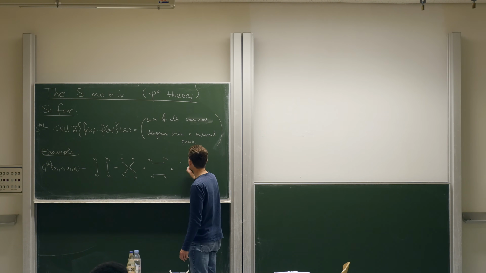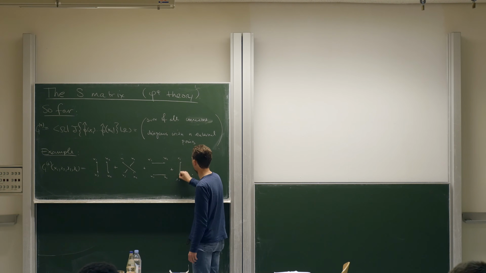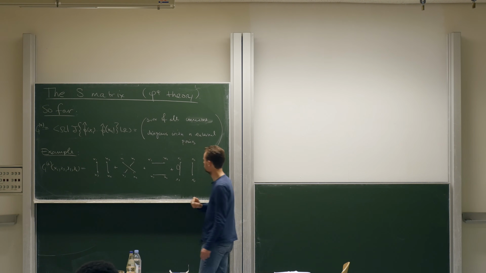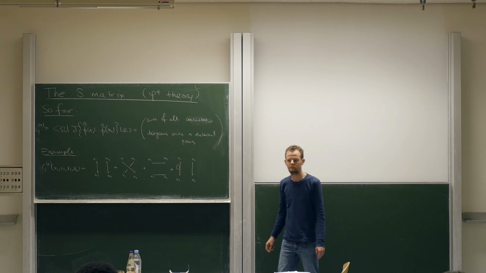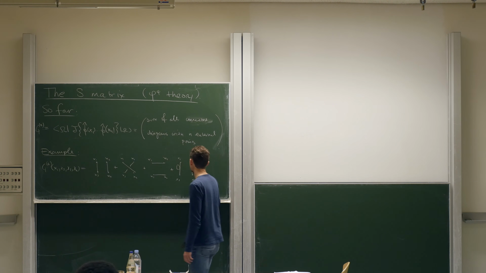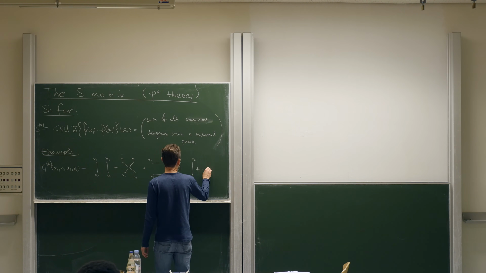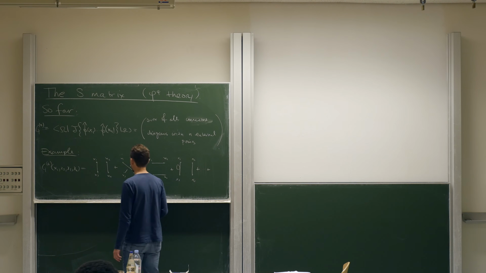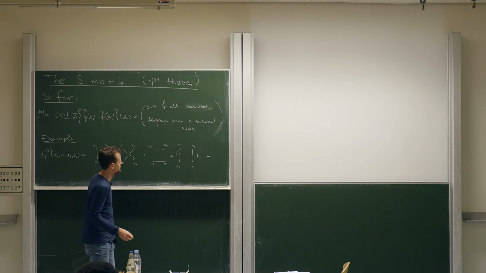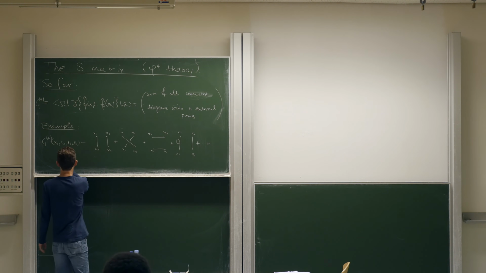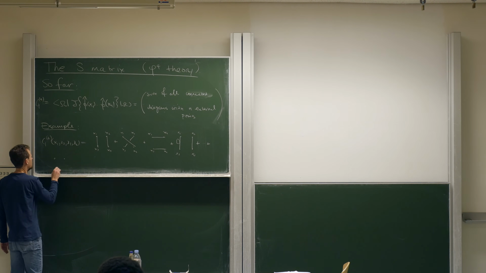Then we get to diagrams at 1st order, meaning that there's a vertex appearing somewhere. And here's the first one that you can draw. And then there's even more of these first order diagrams.